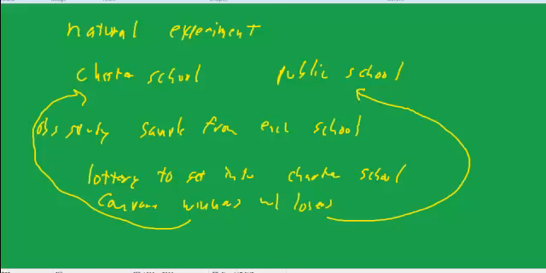And so you compare just those groups rather than a random sample of the public school. You focus on public school students who were in the lottery for the charter school. And that would give you a better idea whether the treatment variable of the charter school versus the public school is what's making the difference, or whether there are other factors. So that's called a natural experiment. And I think I'll stop there.